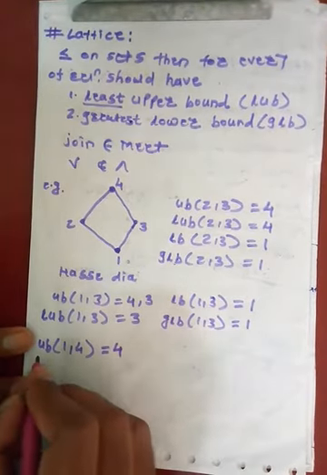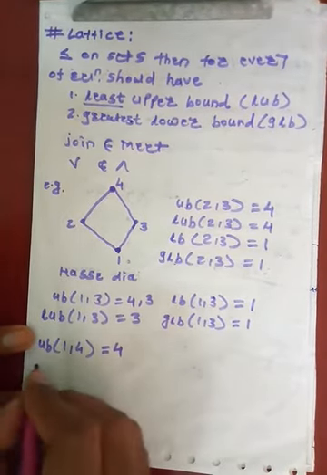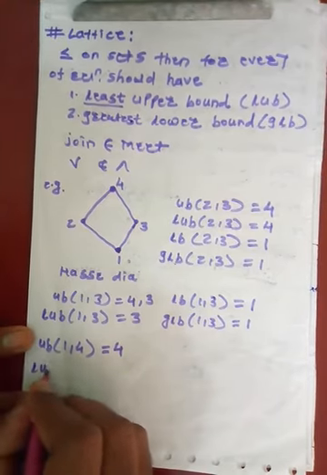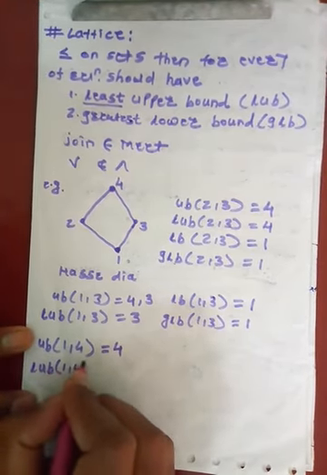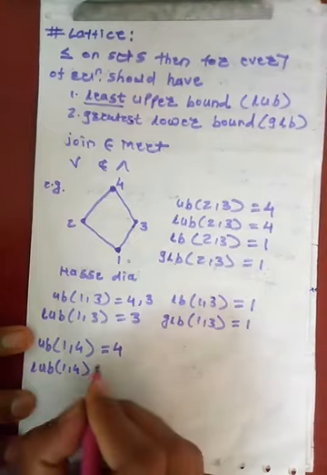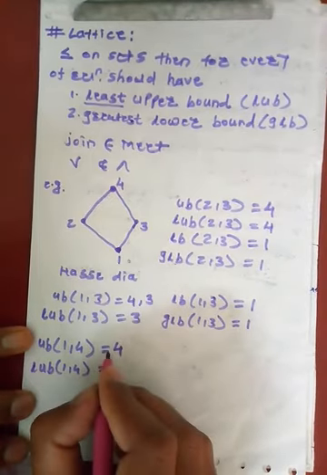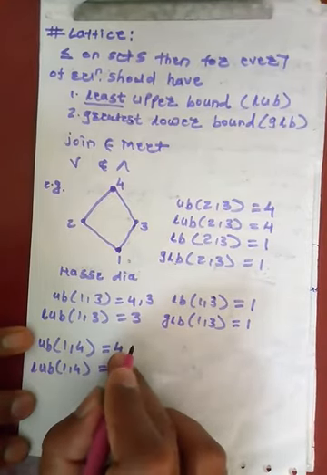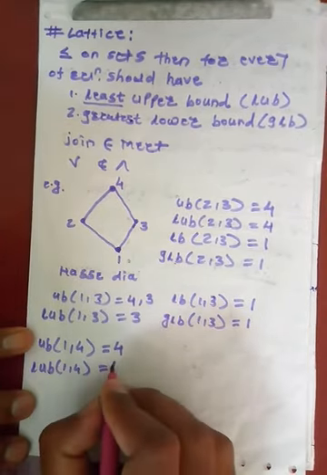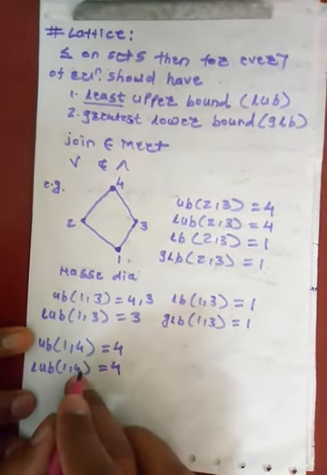Then the least upper bound of 1, 4: we got only one upper bound, so 4 is again the least upper bound.